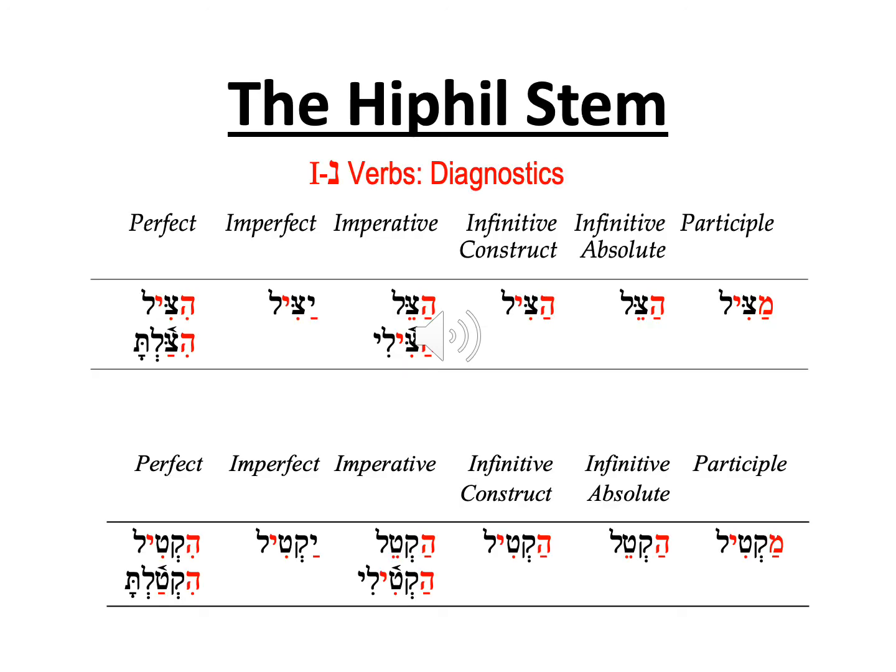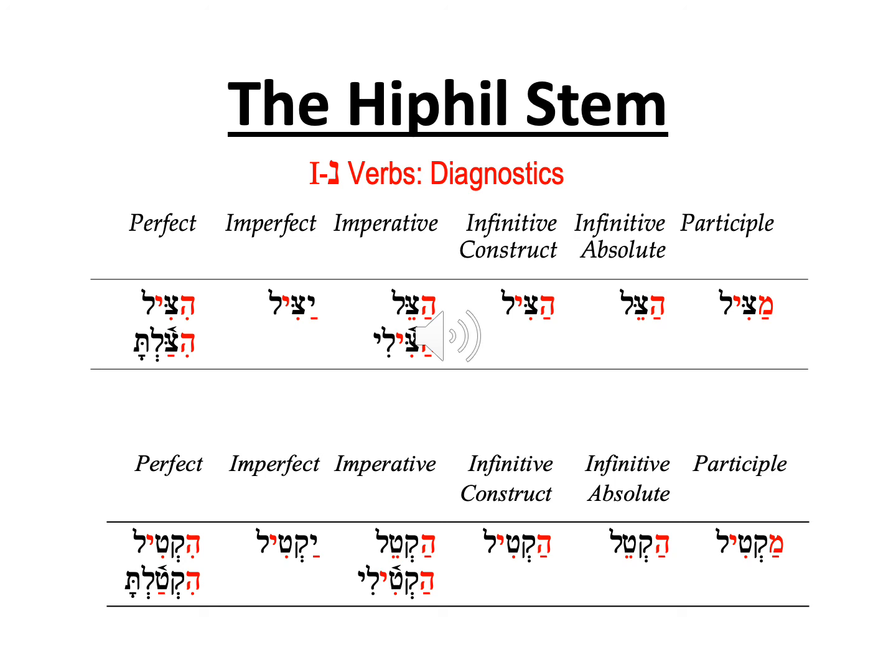First nun verbs could cause some problems because of their similarity to the Niphal, except if you look at all the forms from imperfect to participle, they do not follow the pattern of the Niphal, because the Niphal has a hireq in the first preformative, followed by a dagesh forte in the first root letter and a qamets under the first root letter. Whereas you see here, we have a patach under all the preformatives.